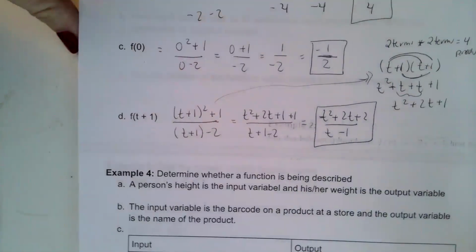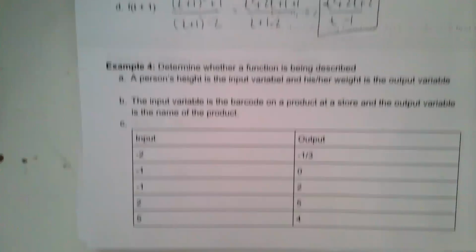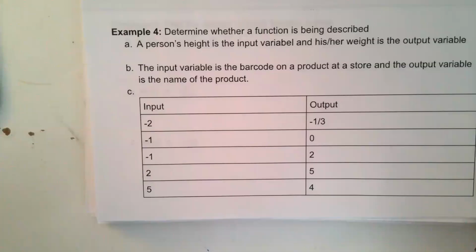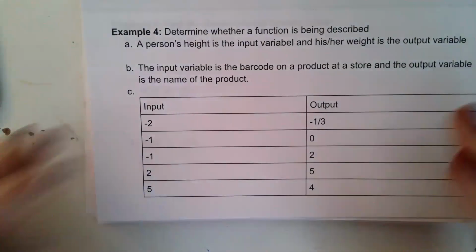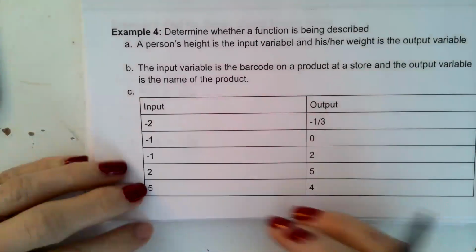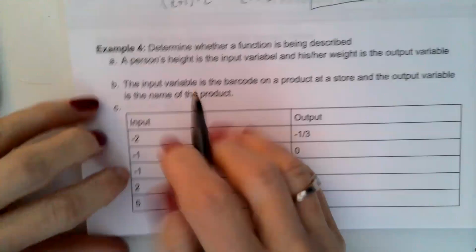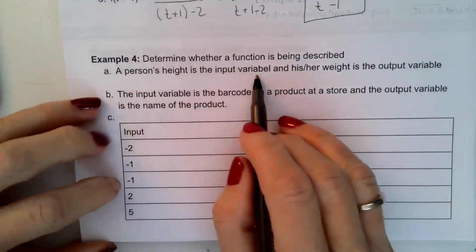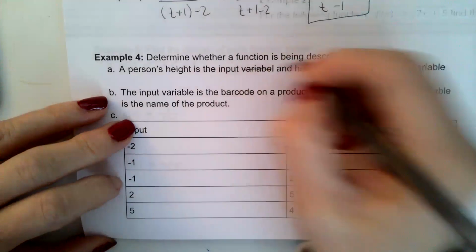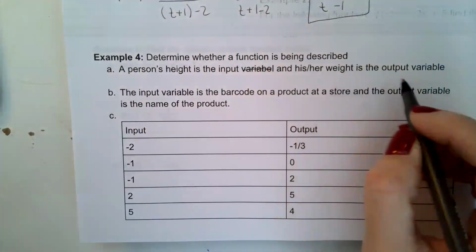Okay. Example 4 is asking us to determine whether a function is being described here. Letter A says a person's height is the input variable, and his or her weight is the output variable.